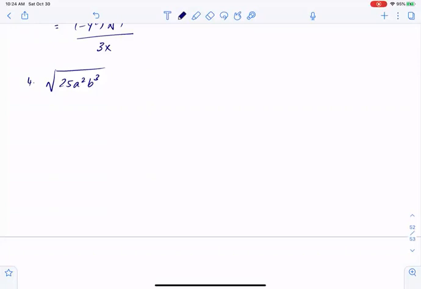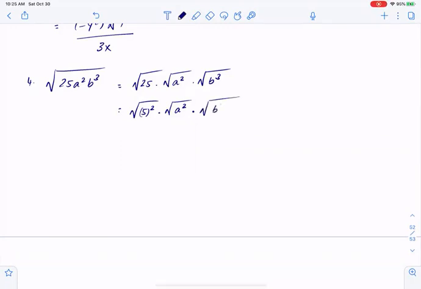So we can split the terms. 25 is 5 squared. Square root of a squared. You look at b cubed, and clearly the root is not going to cancel the power 3, but I can write b cubed as b squared times b.